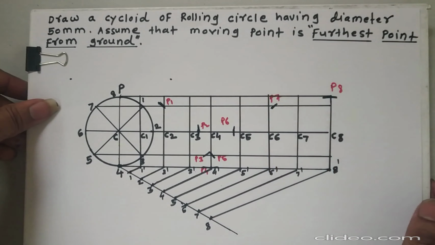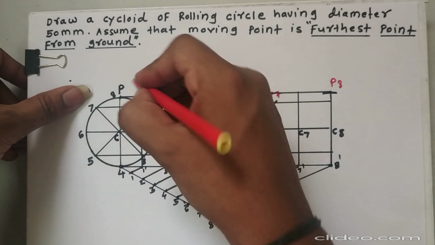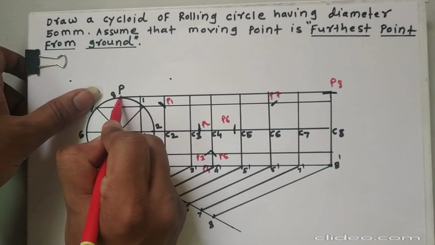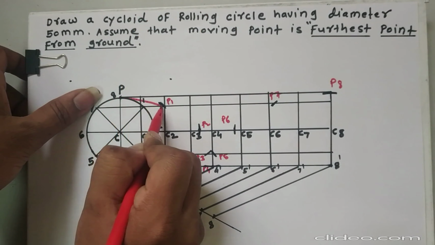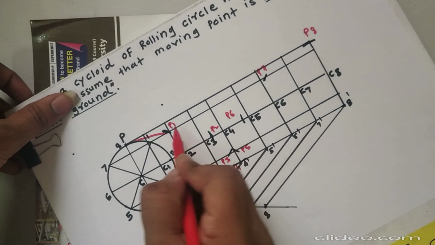Now we need to obtain the smooth curve. You can use a French curve. I will tilt it like this so that I can draw this smoothly.